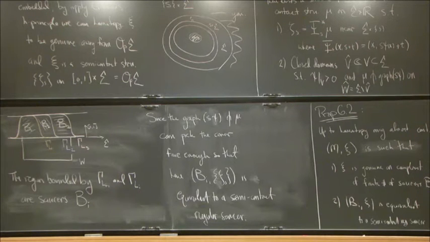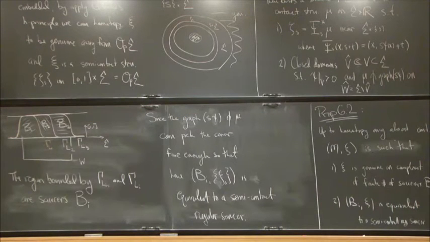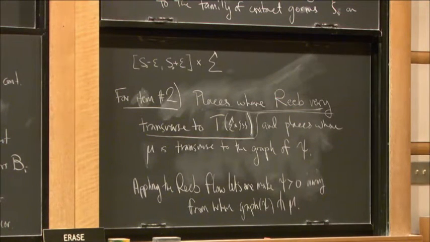Are you saying places where V is very transverse to T? Places where U is transverse to the graph of psi. Is V the intersection of two sets there? Is that this, whereas tangent space.